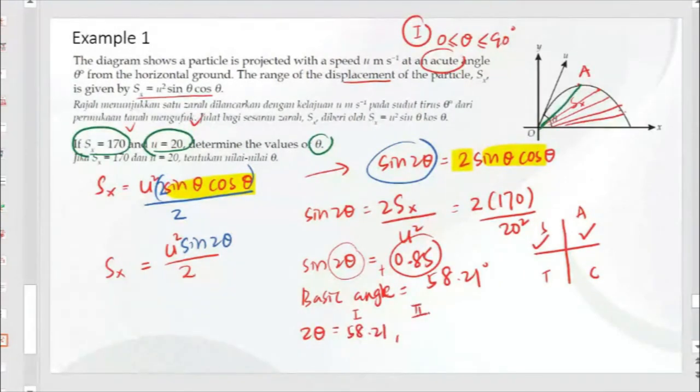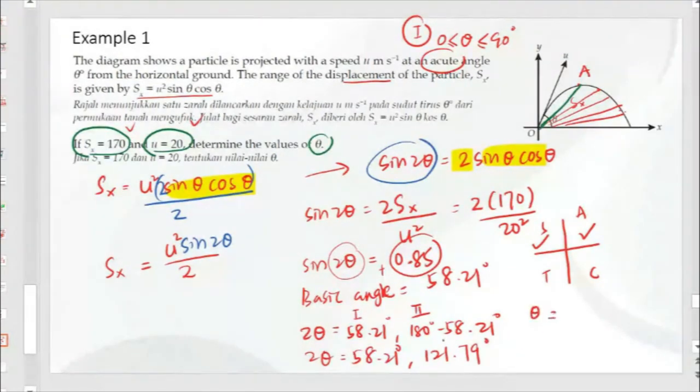Then the second quadrant is 180 minus 58.21 degrees. So you get 2 theta equal to 58.21 degrees, and another one is 121.79 degrees.